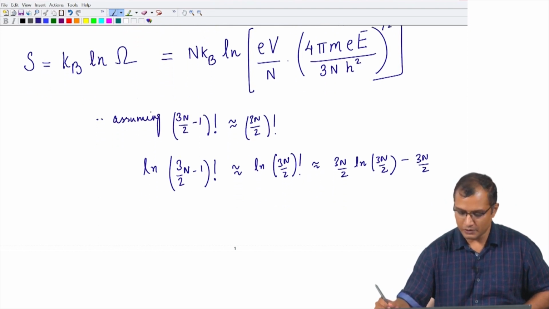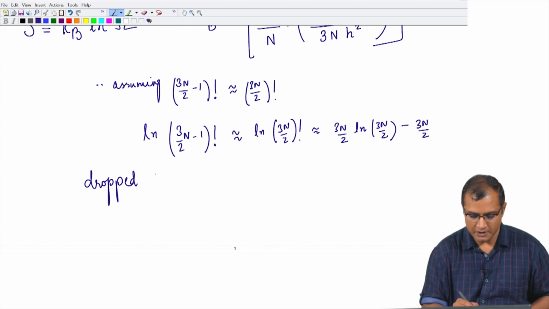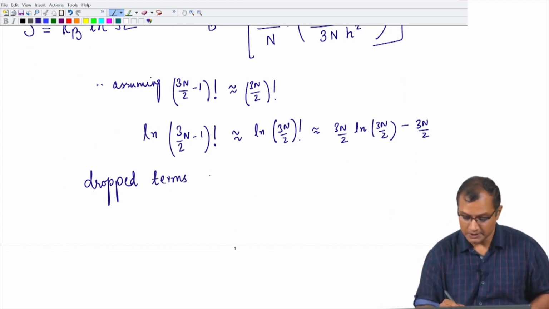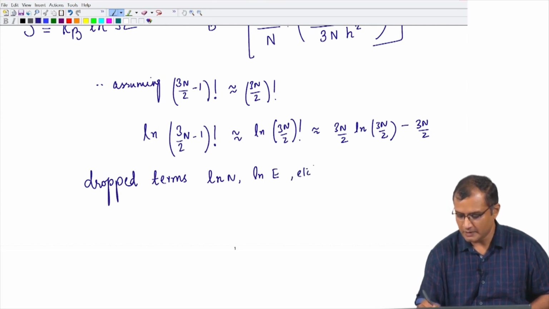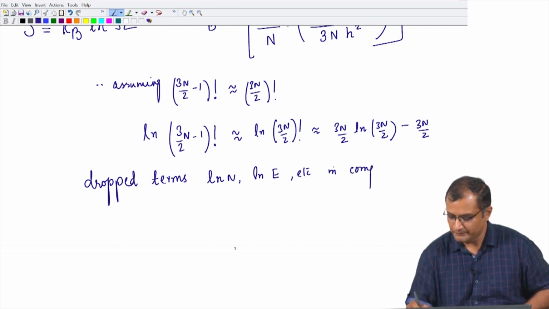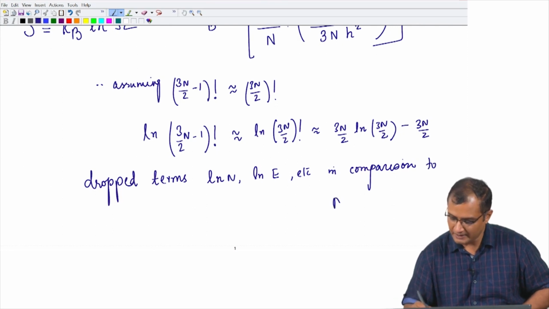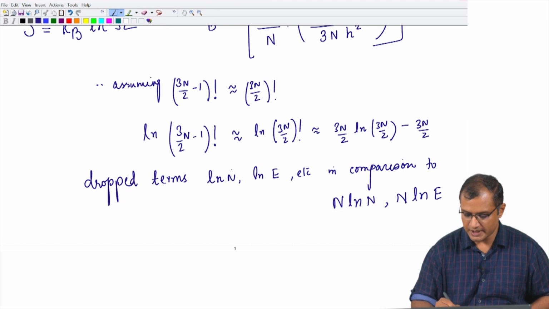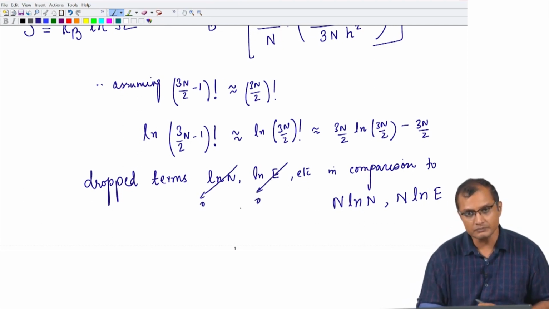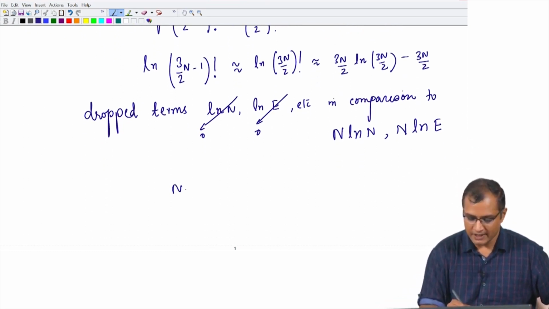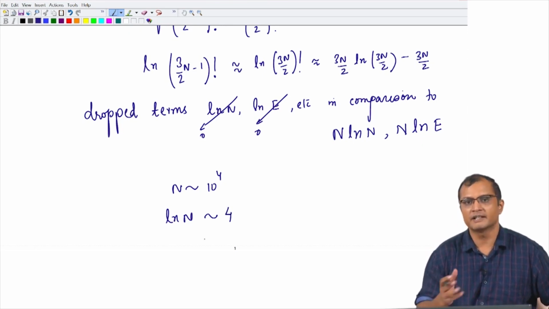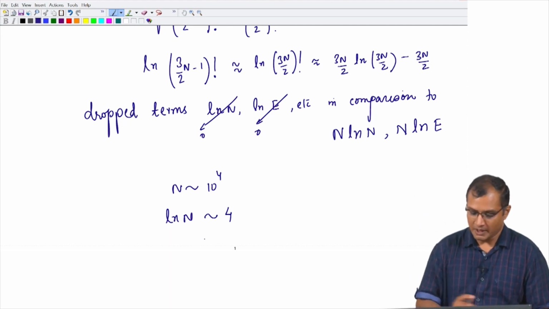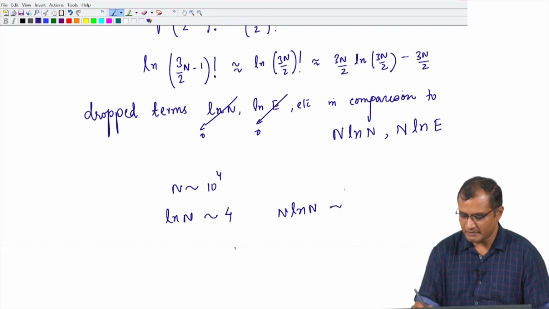Okay. We have also dropped terms like ln N, ln E, etc. in comparison to N ln N or N ln E. So these terms are much larger compared to the terms which we have taken to be almost negligible, because you can simply see that if I take N as a large number, let us say 10 to the power 4, then ln N is approximately 9, but N ln N is approximately 9 into 10 to the power 4.